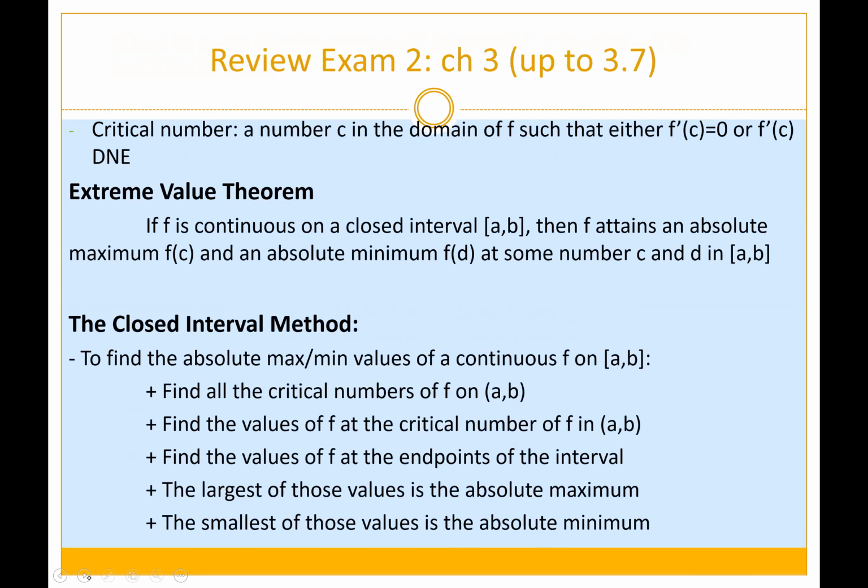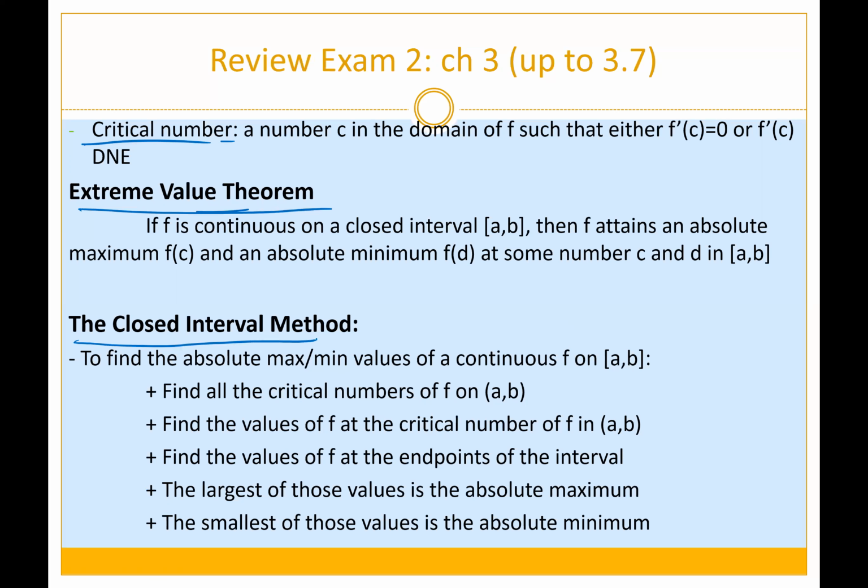Then you have things starting in chapter 3, where you learn about critical numbers, defined as a number c in the domain of f such that f prime of c equals 0 or does not exist. The extreme value theorem gives us the idea that if you have a continuous function on a closed interval, then it will definitely have an absolute maximum and absolute minimum in that interval. To find those two values, you use the closed interval method.